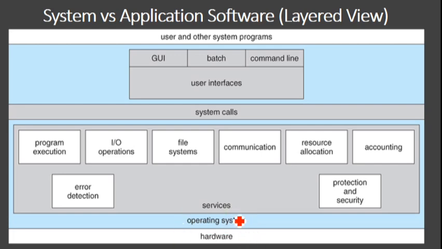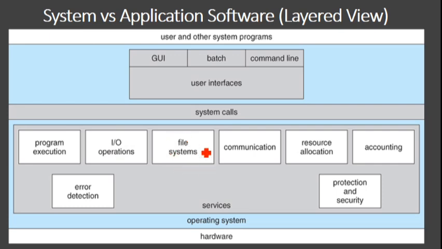And then the operating system. The operating system is the interface between the user and the computer hardware, and its various services include program execution. Whenever a processor executes a program, the operating system supports it by providing the program for execution and for output operations. The operating system supports I/O operations, so the processor may read data from input devices like the keyboard and send output to output devices like printers.